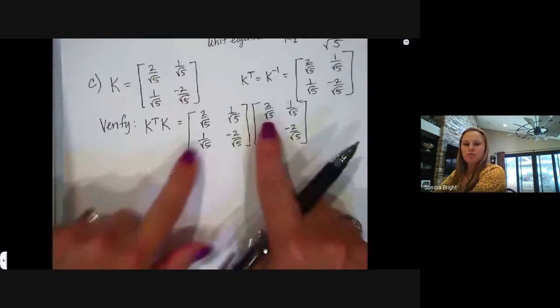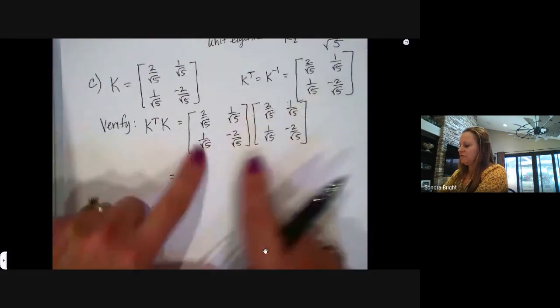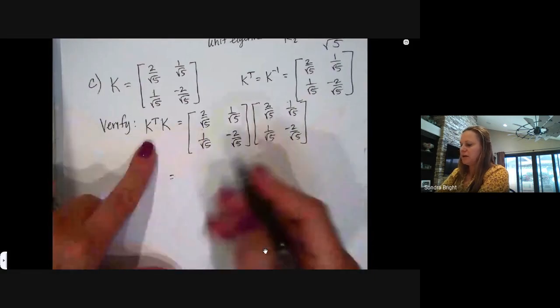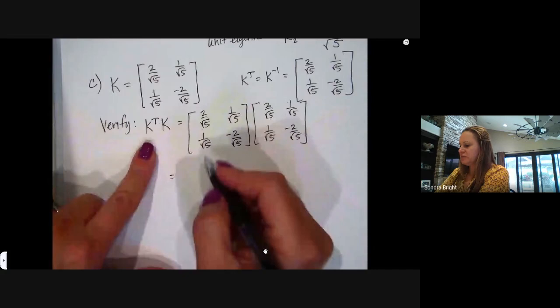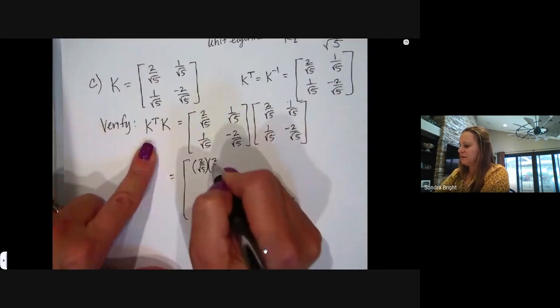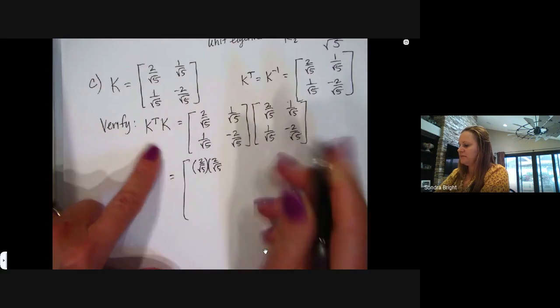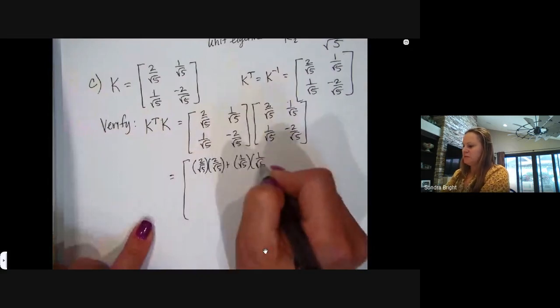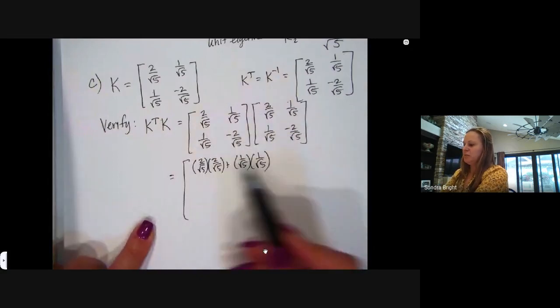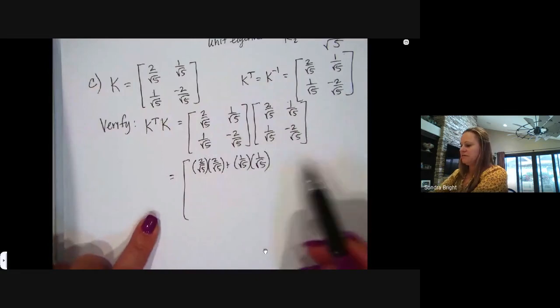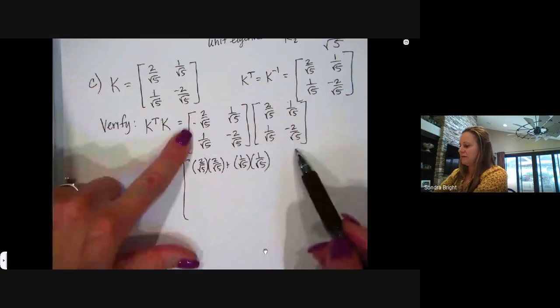So you'll have 2 over rad 5 times 2 over rad 5, plus 1 over rad 5 times 1 over rad 5. That'll be your first row, first column. To get row 1, column 2, you'll multiply row 1 times column 2.